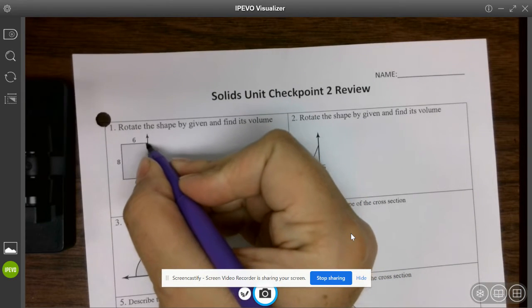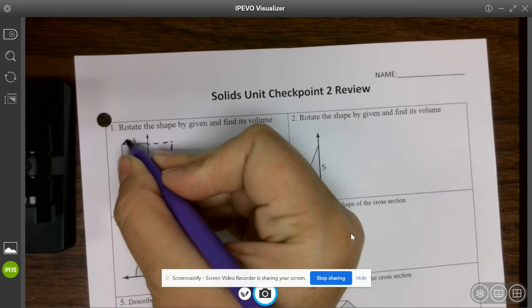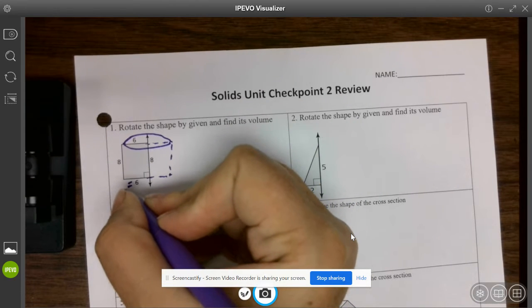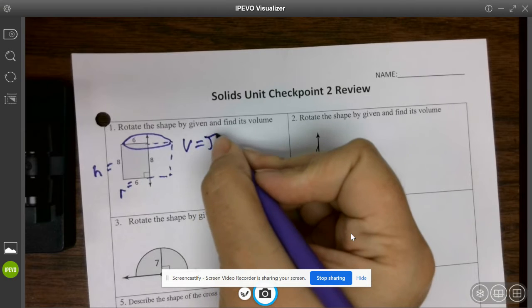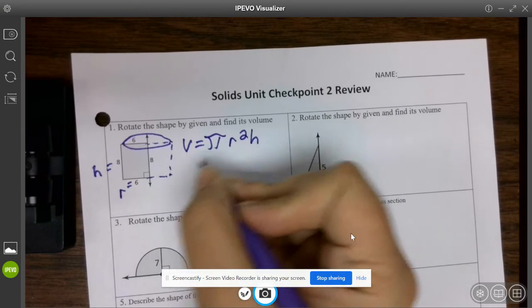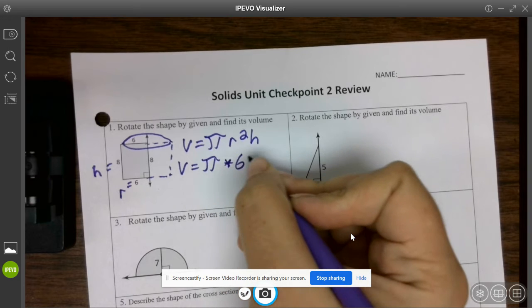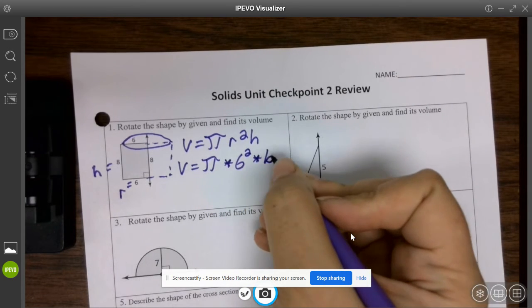So this shape, everybody, would be in 3D. This would be a cylinder. 6 is the radius and our height is 8. So volume is going to be pi times the radius squared times the height. Remember to use the pi button. So it's going to be pi times 6 squared times our height of 8.